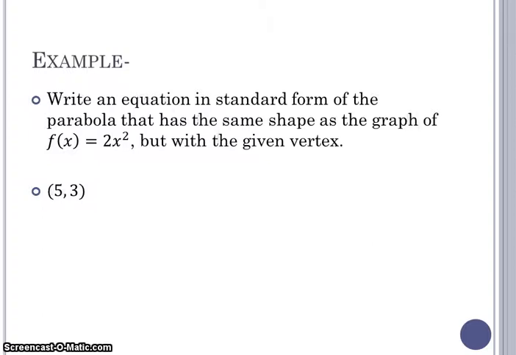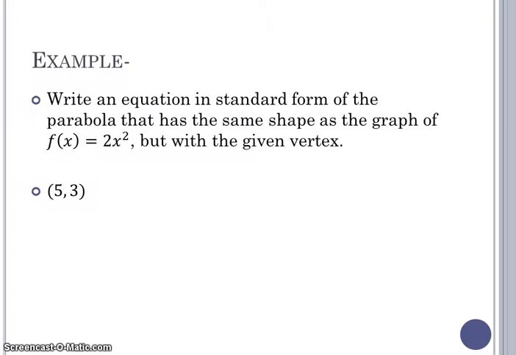So when it says the same shape, what are they actually telling us there? It's telling us it's going to go up. We know it's going to be a parabola. What else? And so the 2 told us that it was going to go up. What else does the 2 tell us? Right, it's going to be stretched a little bit, because if you think back to those transformations, it's going to be a little bit taller graph.